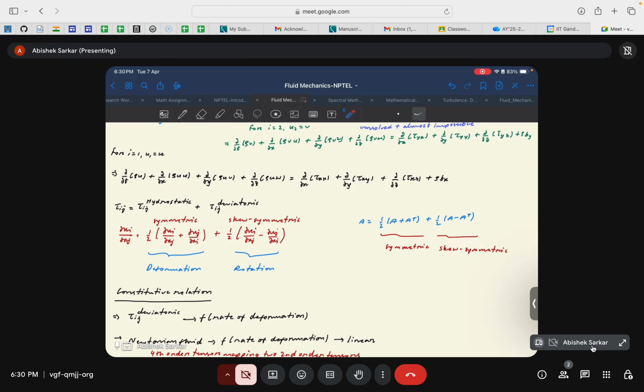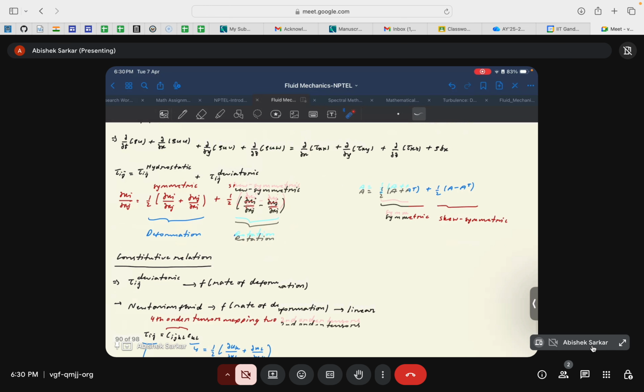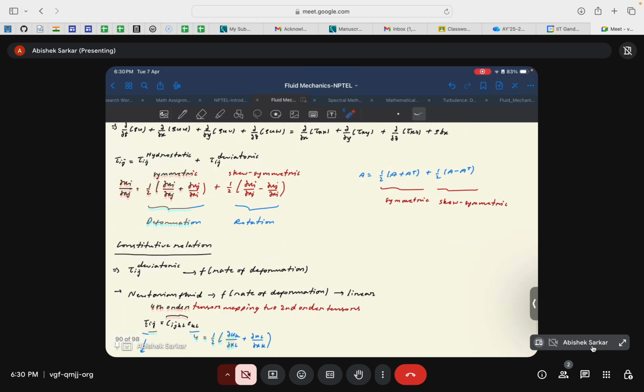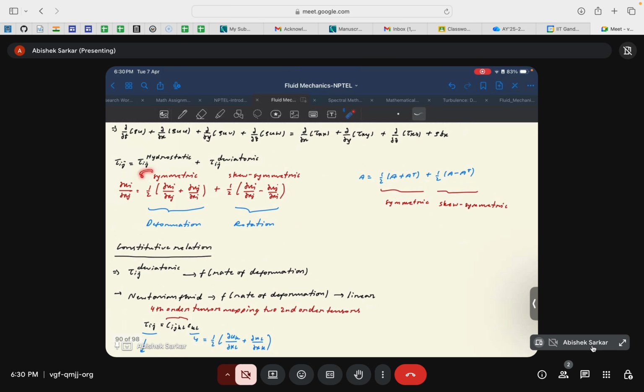The deviatoric term basically means stress components deviating from the hydrostatic part. That's why the term deviatoric. I think it is a way for you to remember. Now we know that the hydrostatic stress components can be represented in terms of the pressure.